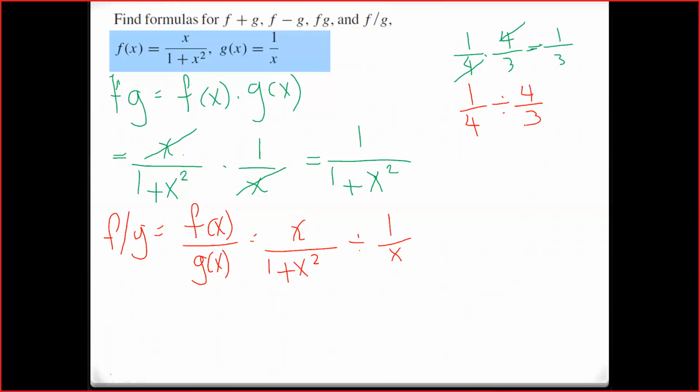You keep the first one as it is. You change the divide to multiply, and you write the reciprocal of 4 over 3, which is 3 over 4. Then you multiply. 3 times 1 is 3 over 4 times 4 is what? 16.